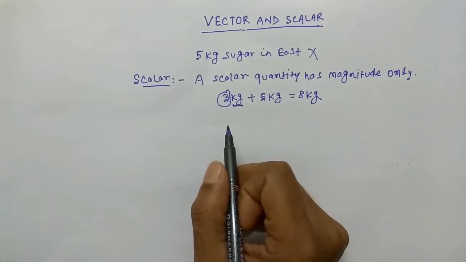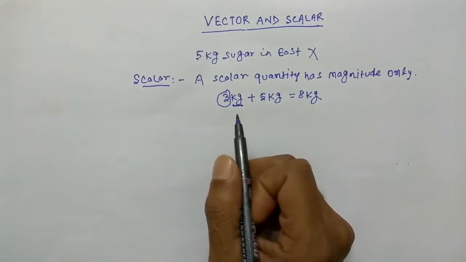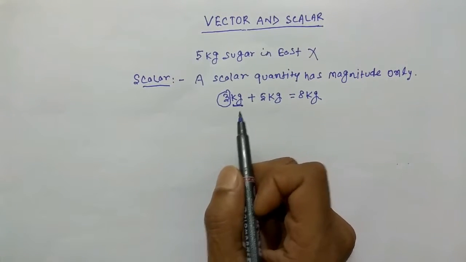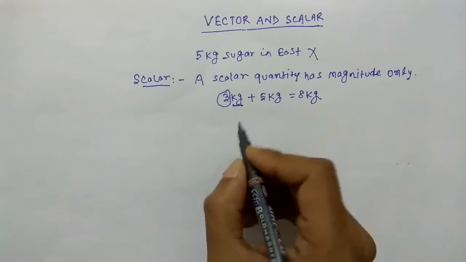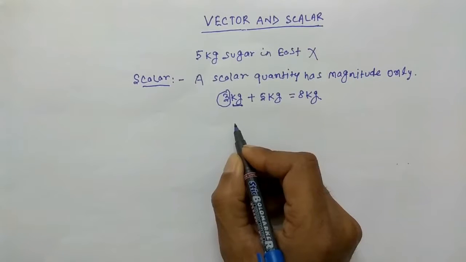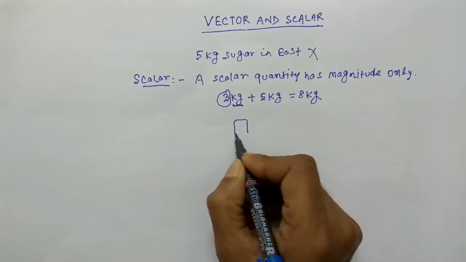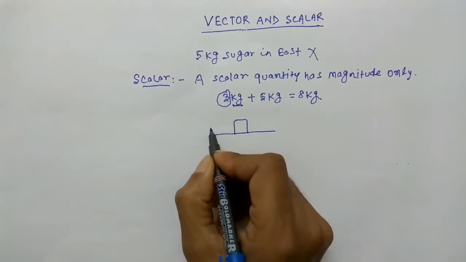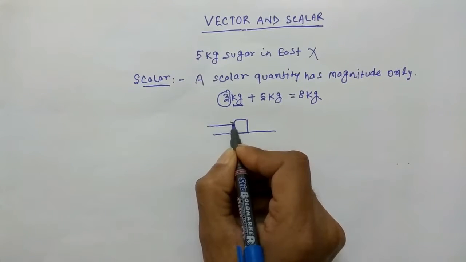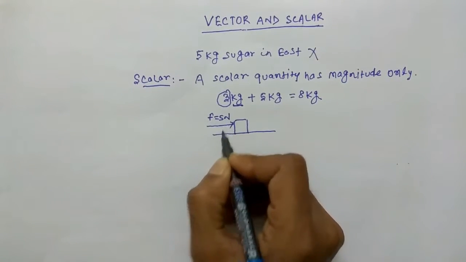Now, some of the quantities require magnitude and direction also. Such quantities are called vectors. Now consider this is a block and you are applying 5 Newton of force on this.